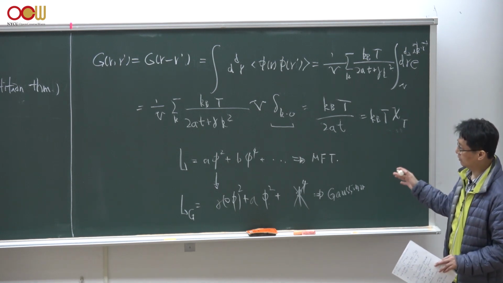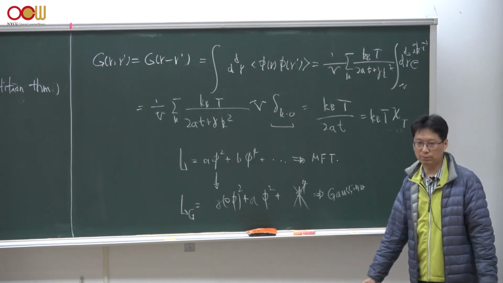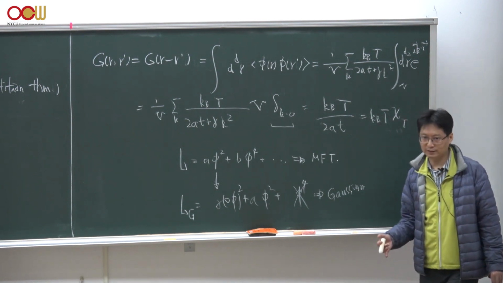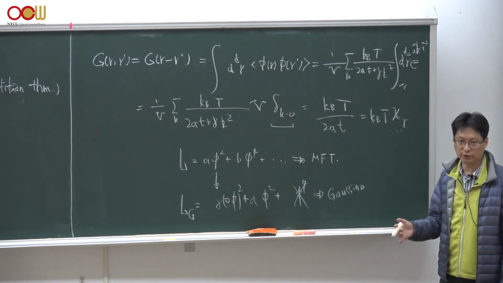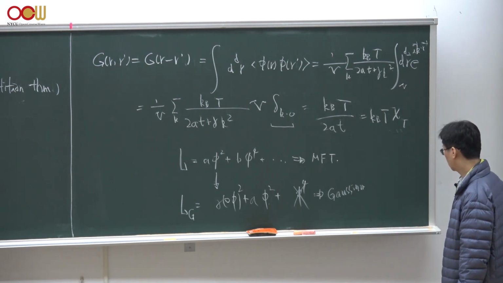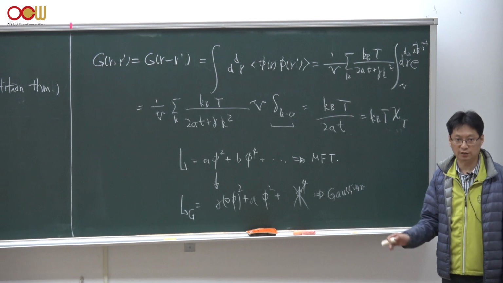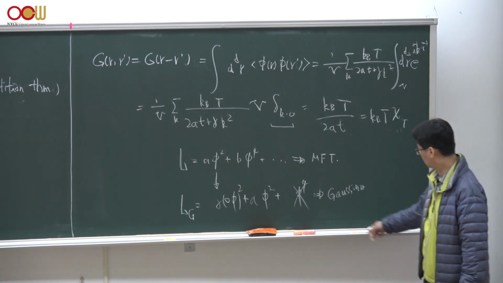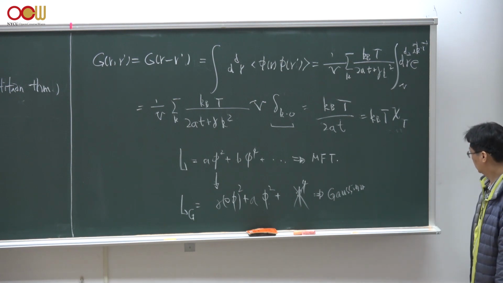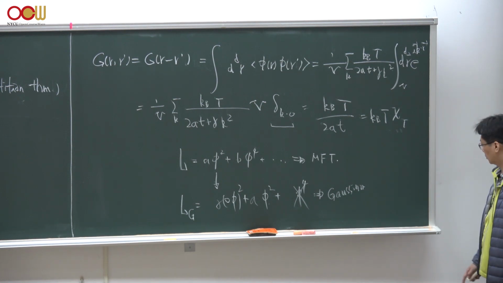We'll see in just a moment that this Gaussian approximation will actually revise or correct the naive mean field predictions regarding these critical exponents. But still, this Gaussian approximation is not good enough because it neglects this quartic term, which becomes more important as you reach the critical temperature.